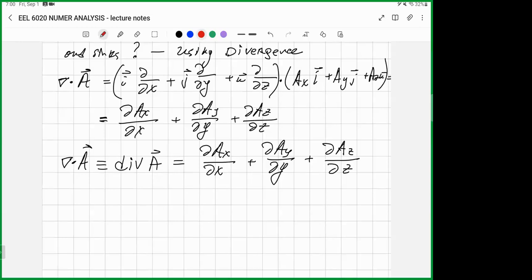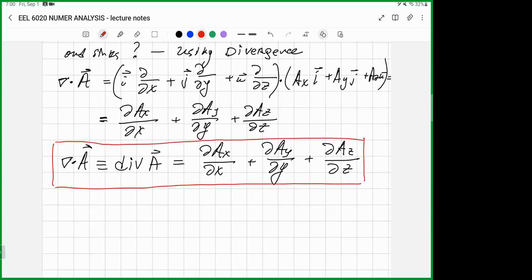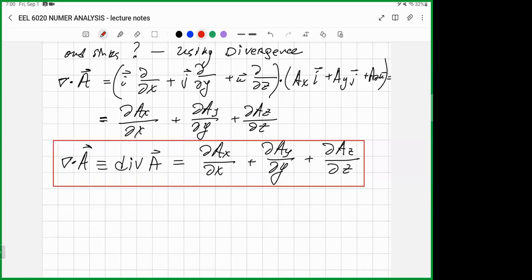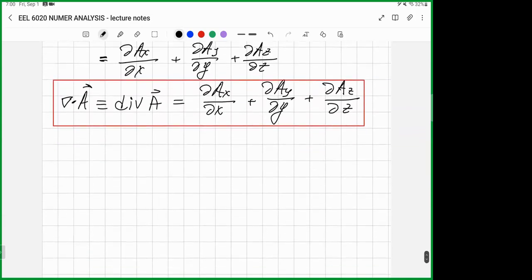Let's frame this formula, quite an important one, like this. And let's consider maybe just a couple of problems for this formula.